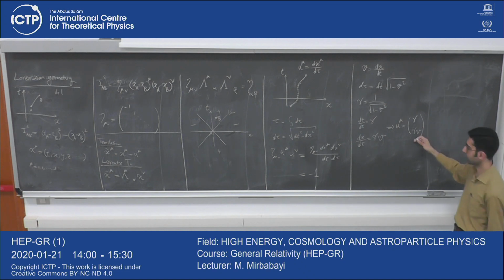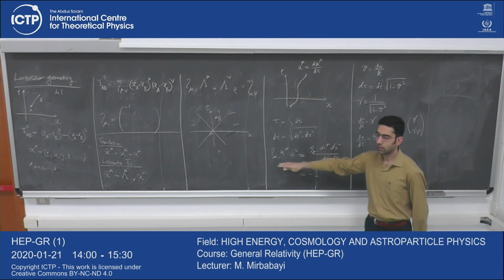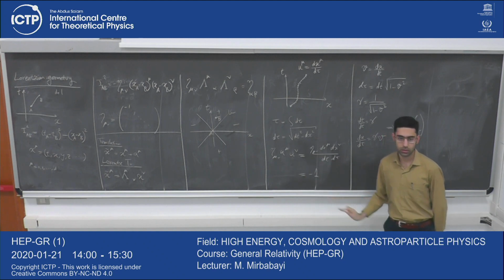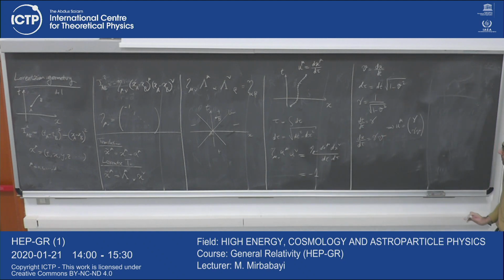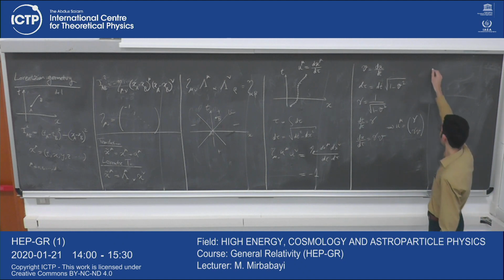And now we can check explicitly that η_μν u^μ u^ν is equal to minus 1.